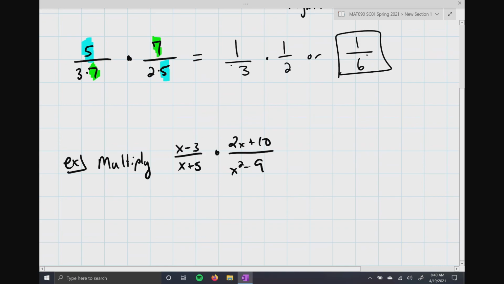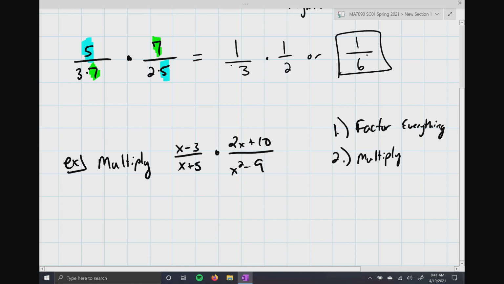I'm going to leave the 5 over 7 thing right above us. So when I approach this problem, the first thing I'm going to do is simplify. And to do that, I'm going to factor everything. Okay? Second, I'll just multiply, which I'm just going to rewrite whatever's left over.